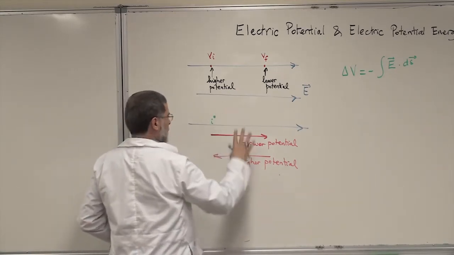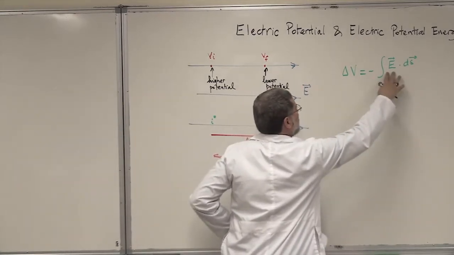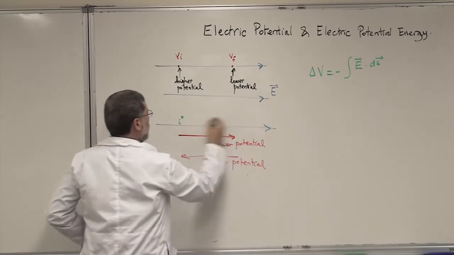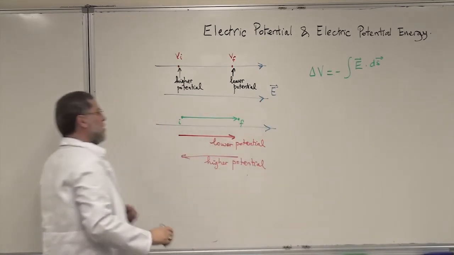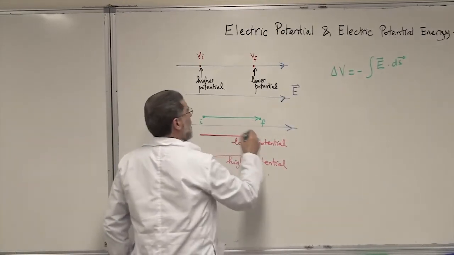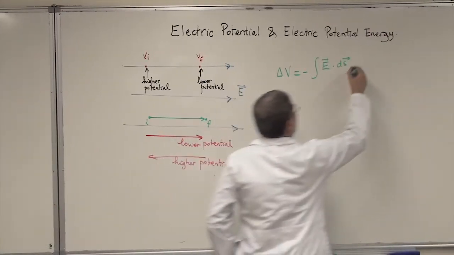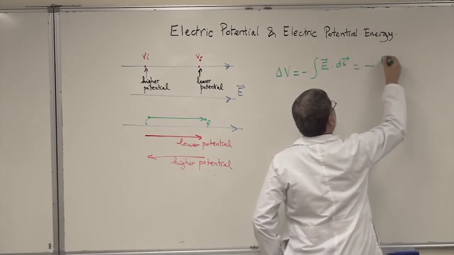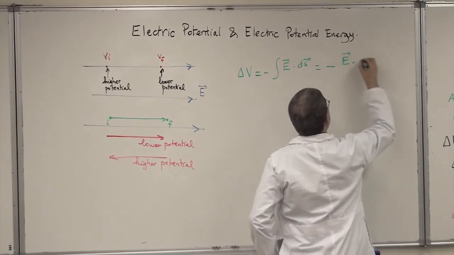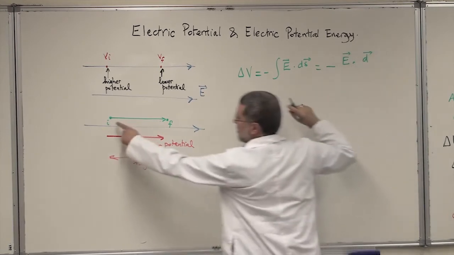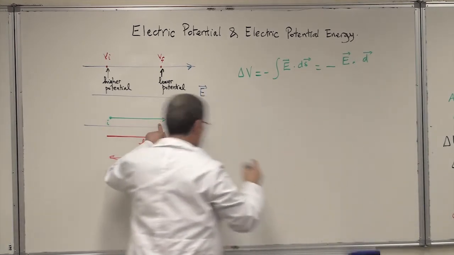This electric potential is created by the electric field. And I go to this point through here, like this. Since E is uniform, I can write it like this: minus E, taking it out of the integration, dot d, the displacement.